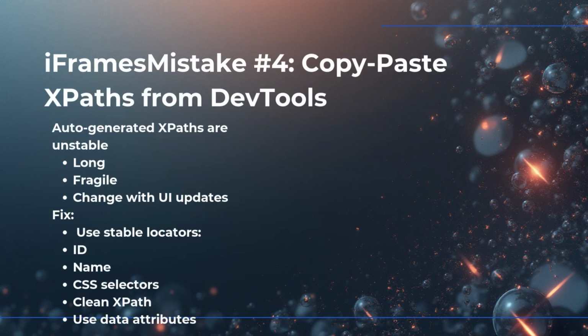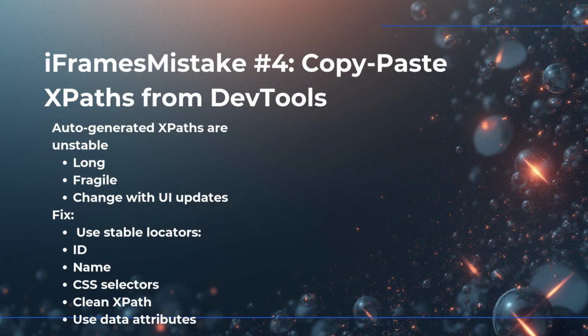Mistake number 4. Copy pasting XPath from DevTools. This is extremely common. Beginners open inspect, right click on an element, copy full XPath, and they directly paste that into the code.